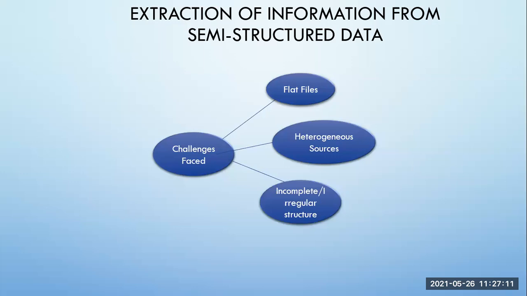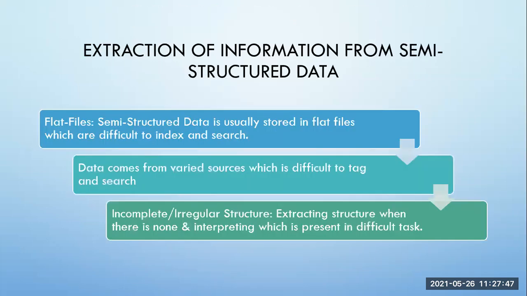You have collected data 1 and stored it with an index. Then for data 99, you will start getting confused about where to apply it, and whether data 99 is completely similar to data 1, yes or no. That confusion will arise. So flat files are difficult to index and search. Heterogeneous means data comes from varied sources, which is difficult to tag and search.